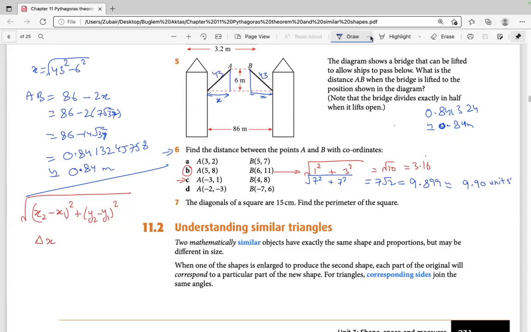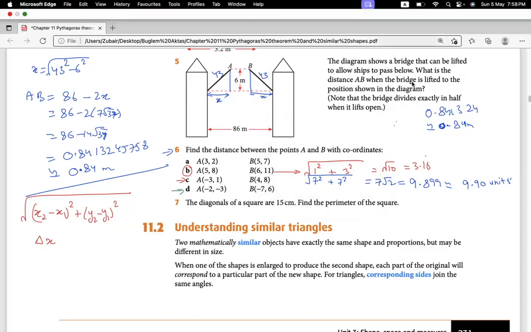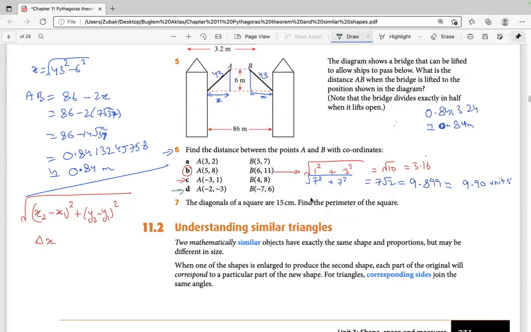D part. Change in x is, D, yeah, it would be 5, because A is negative.